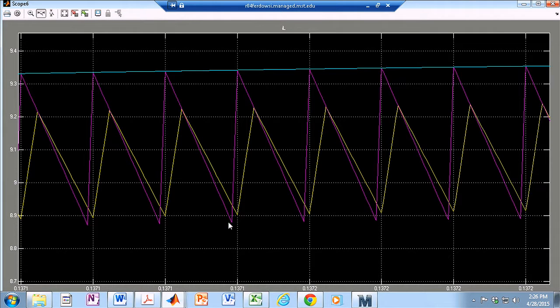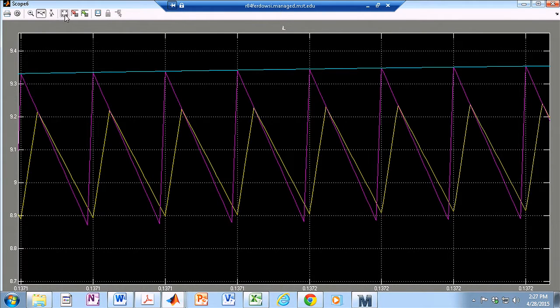Then the red one is the external ramp subtracted from it, and the yellow one is the actual value of the inductor current. This is the beginning of the cycle. We turn the switch on, the inductor current rises, and it hits the external ramp, and you turn the switch off, and then it comes back down, basically.